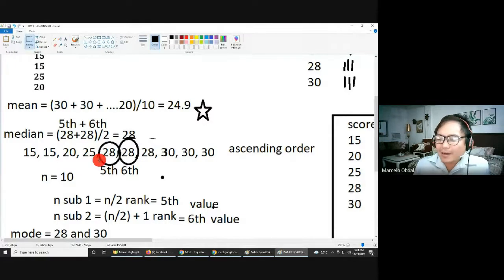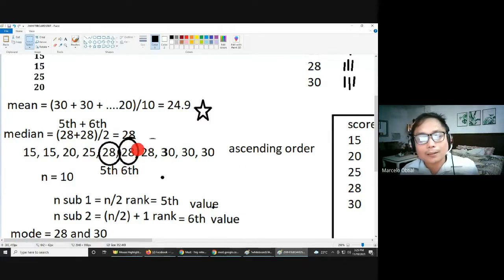Then, following the instruction, n divided by 2 plus 1, just locate the one beside it, which is the 6th. This is applicable when there is a lot of data. So again, the middle values here are both 28. Get the average, so the answer is 28 for the median.